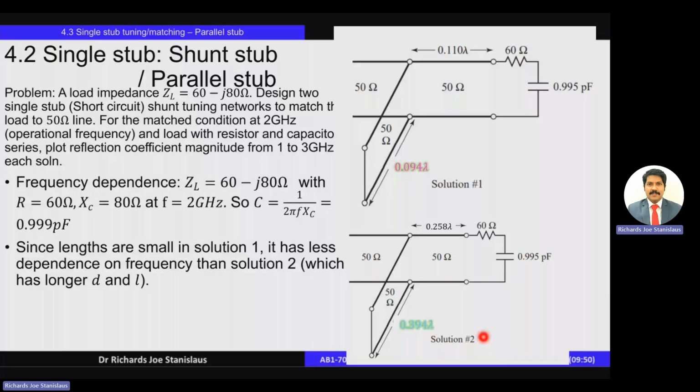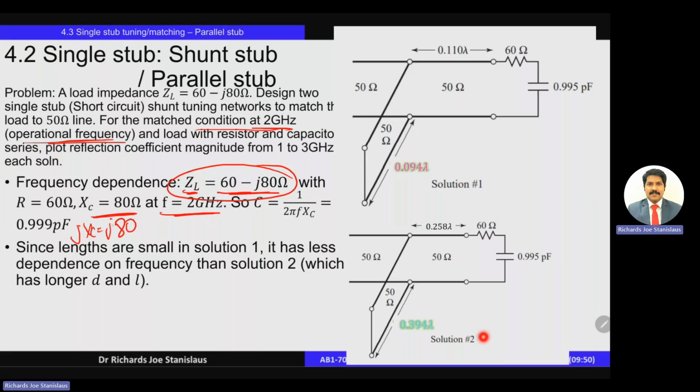So the load impedance is 60 minus j80, and the matched condition is at 2 gigahertz operational frequency. The reactance part is minus j80. So j80 is nothing but j times XC, with the minus sign.